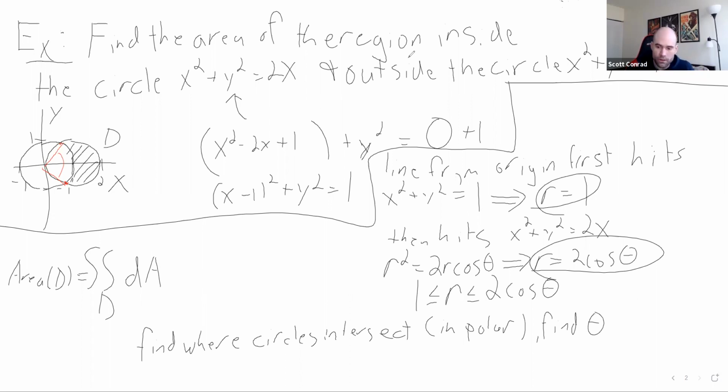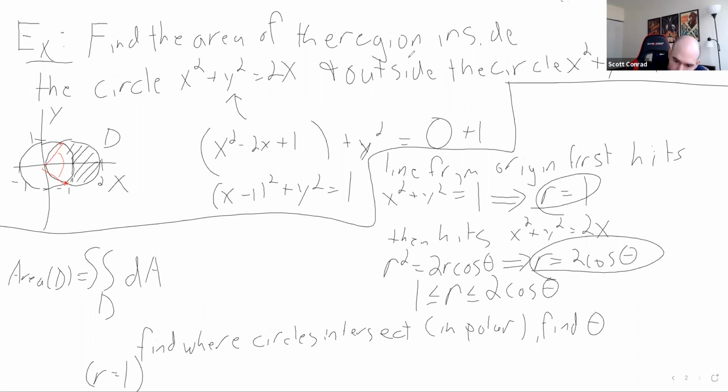Okay, so we're going to write the two equations of the circles in polar. One of them is r equals 1, and the other is r equals 2 cos theta. So we're going to set the two equal to each other.